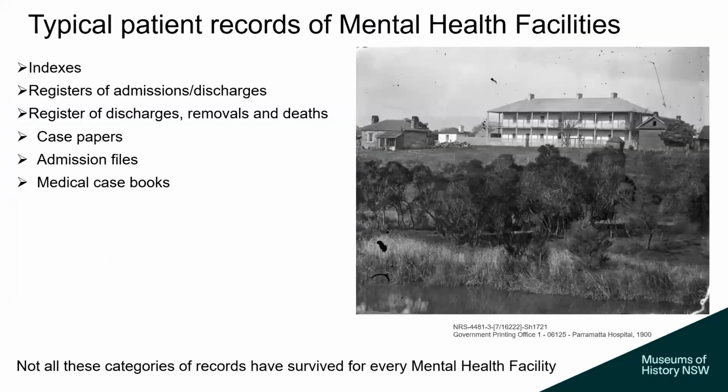So the typical records that you would find would be indexes, admissions and discharge registers, registers of discharge, removal and deaths, case papers, admission files, and medical case books. However, not all of these categories of records have survived for every mental health facility.